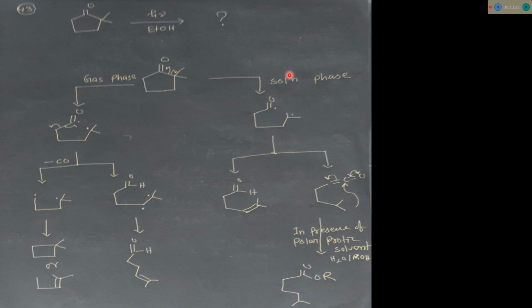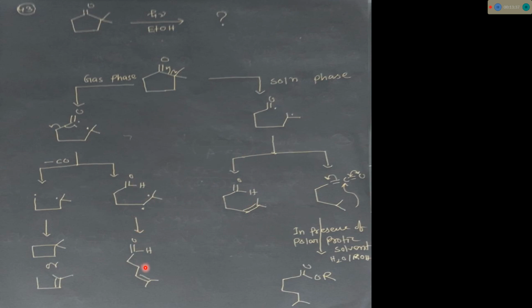If we use any solvent for these reactions, first the radical forms, and there is a chance that this radical abstracts one hydrogen from these positions, and then the adjacent radicals form a bond to give a double bond, meaning a gamma, delta unsaturated carbonyl compound.